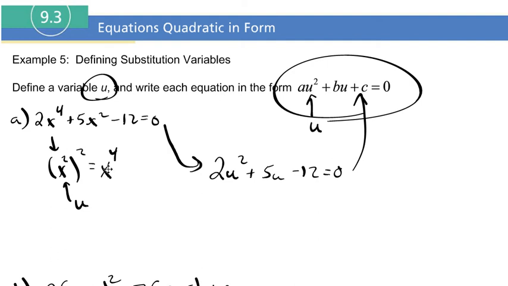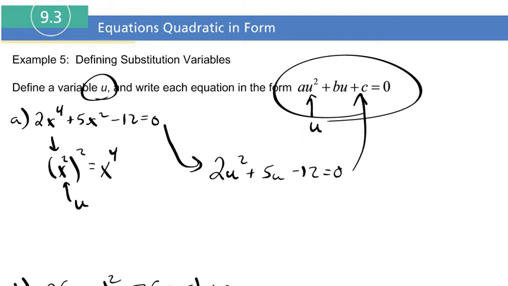Something squared must equal x to the power 4. The reason I use squared is because of this square right here. Some u squared is going to replace x to the power 4. So you put a blank right there, and you try to figure out what gets squared. That's why it's going to be x squared. And that's how we replace x to the power 4 with u squared plus 5u minus 12.